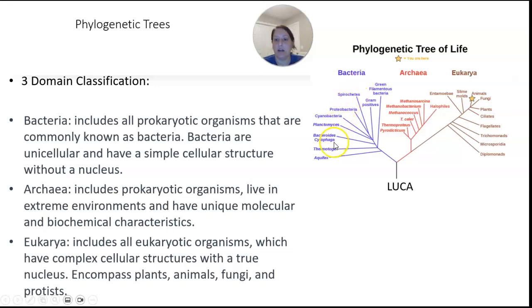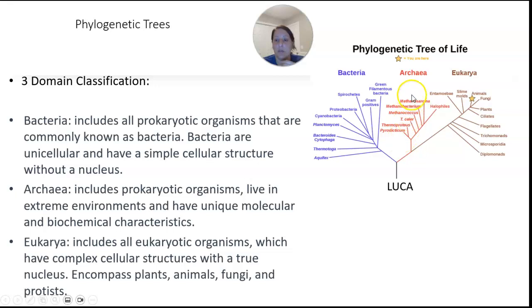Some bacteria are gram-positive, some are gram-negative, some are spirochetes, some are bacillus, some are filamentous. Okay, so there's all different types of bacteria, but all the bacteria are closely related to each other, more related to each other than they are to us.